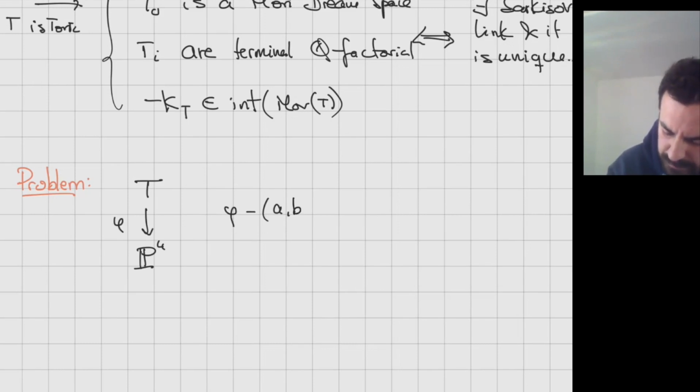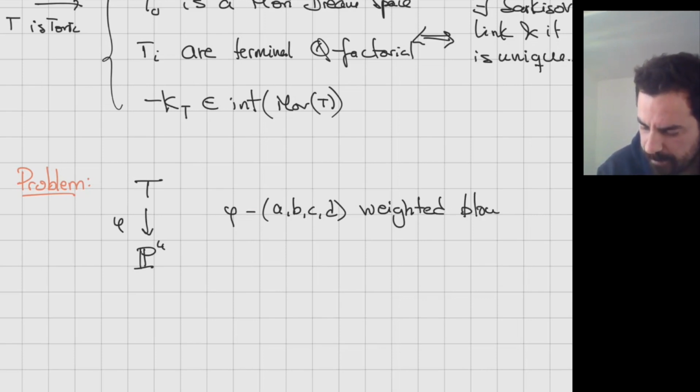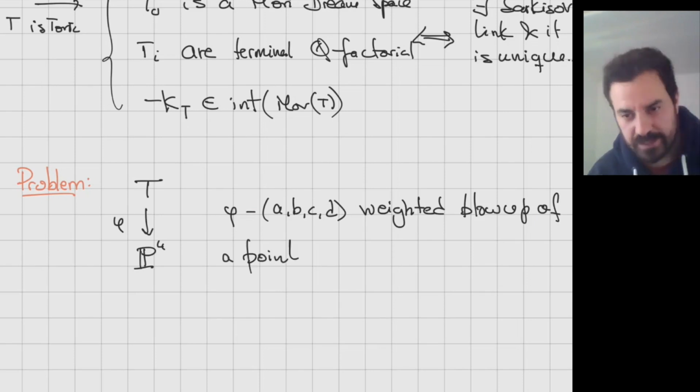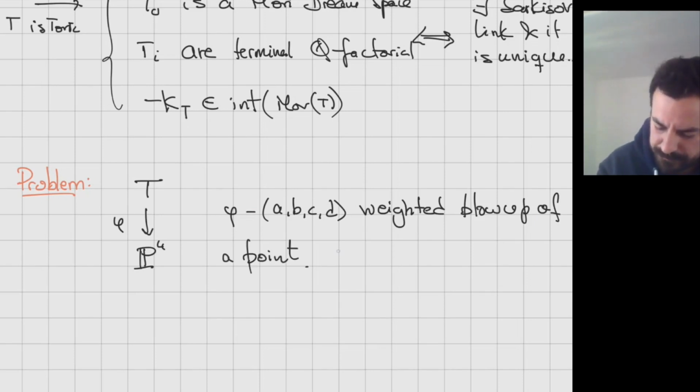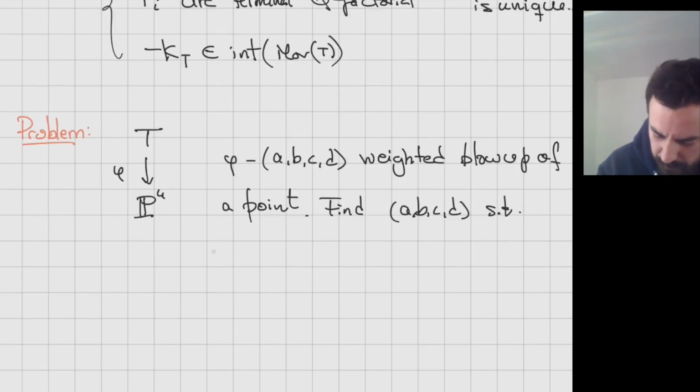So an a, b, c, d weighted blowup of a point, of a coordinate point. So find a, b, c, d such that phi initiates a Sarkisov link.